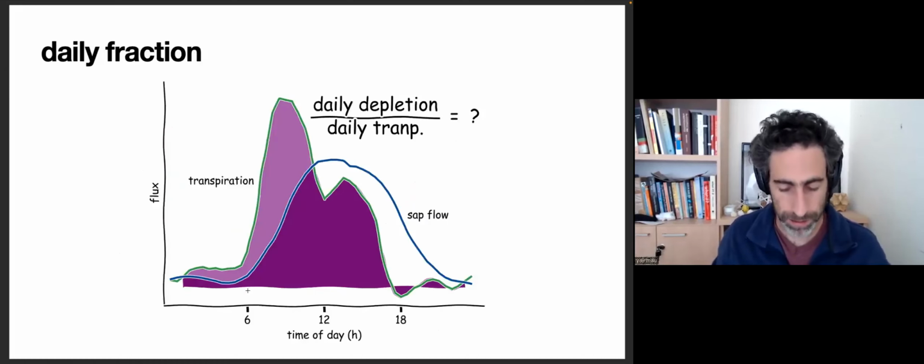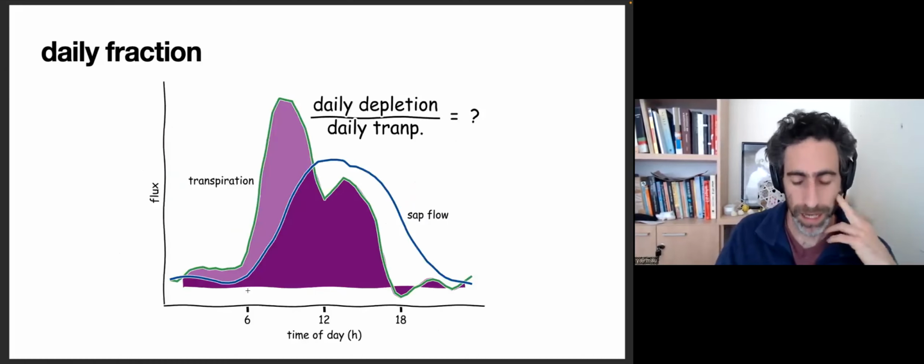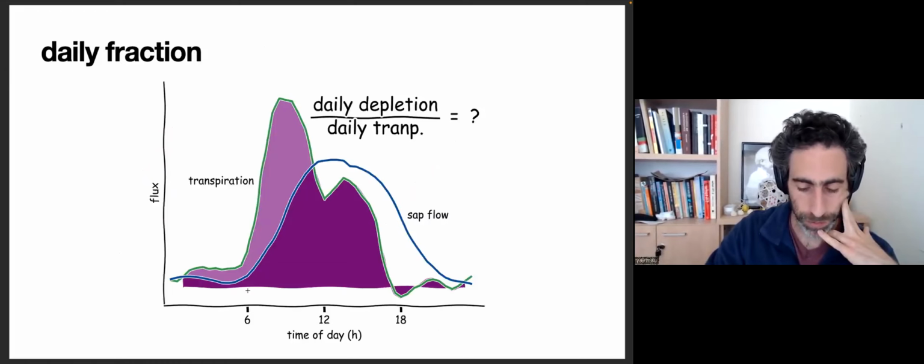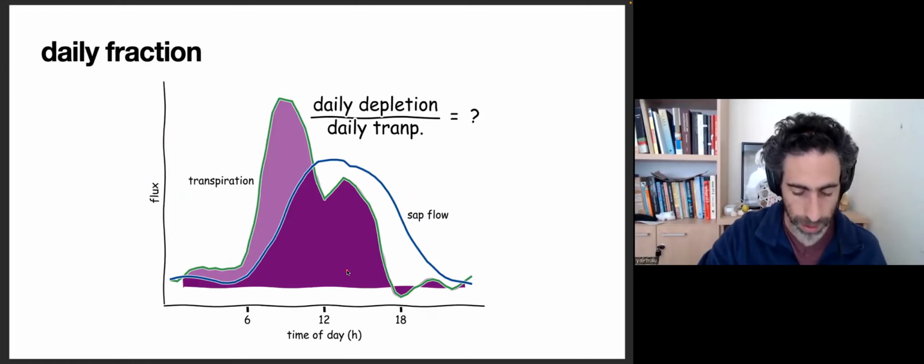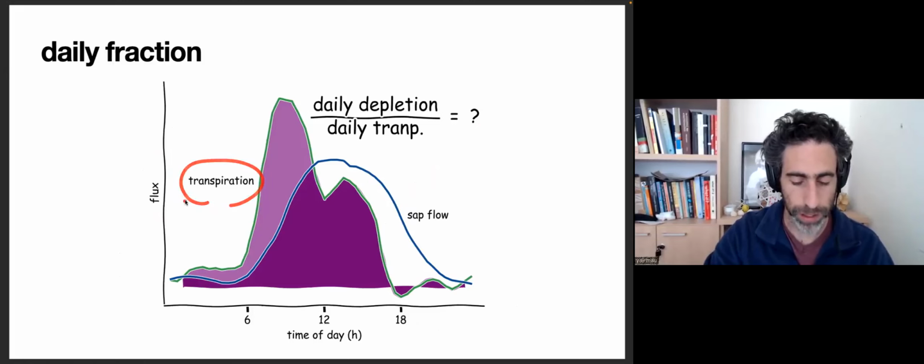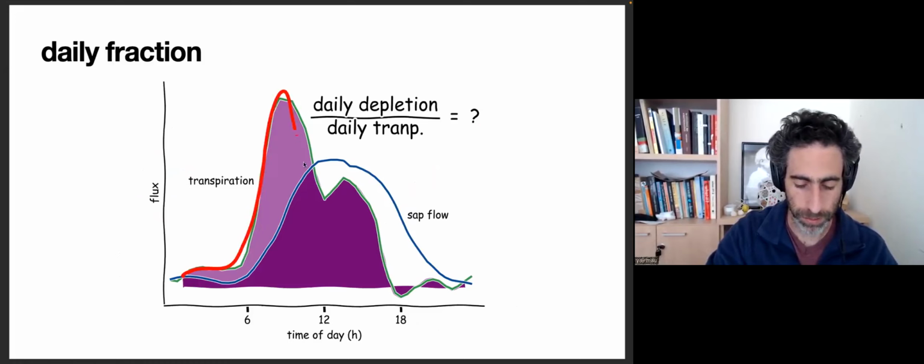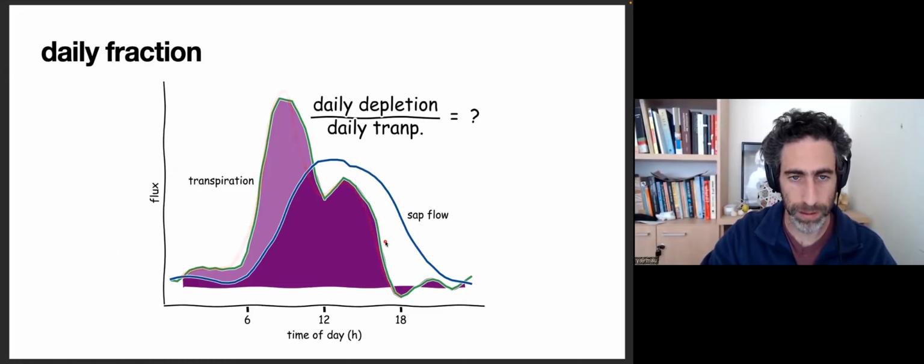And last but not least, I go back to this cartoon figure here, and we see that we have this transpiration. This is water coming out of the plant. So this is the green curve, and I just painted the area here in purple.